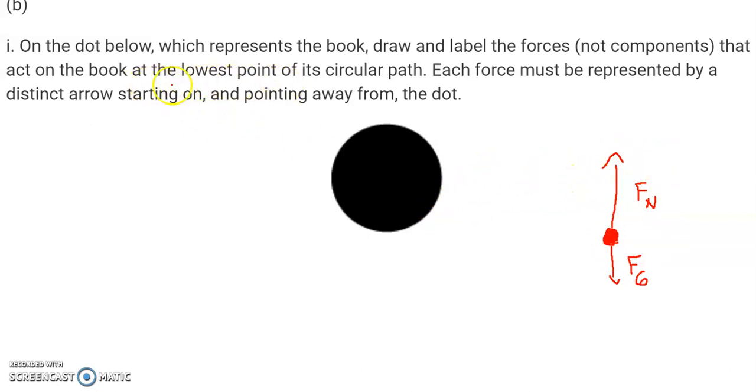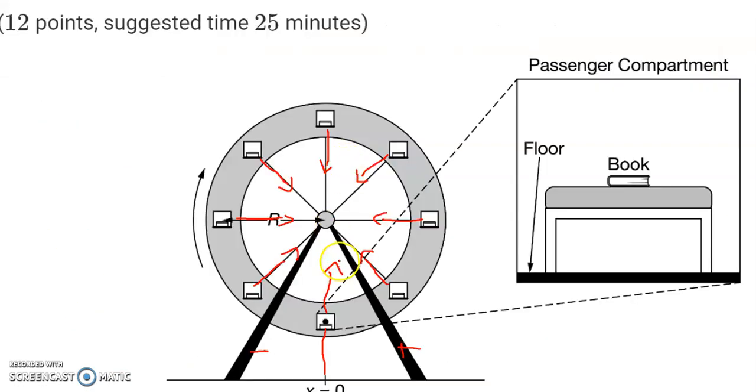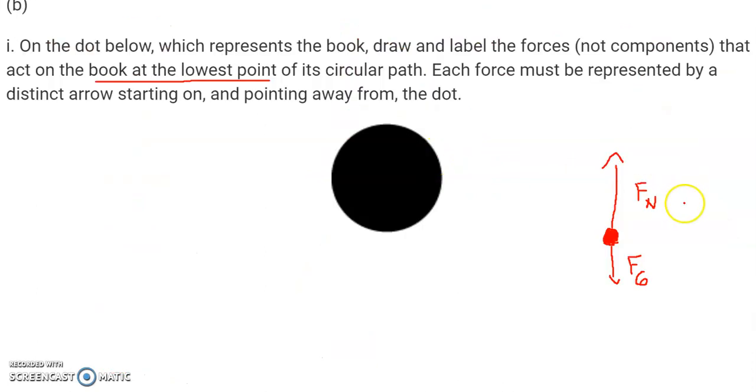Remember, we're looking at the book at the lowest point, right here. So the net force here has to be pointing towards the center of the circle, which means the normal force has to be greater than the force of gravity.